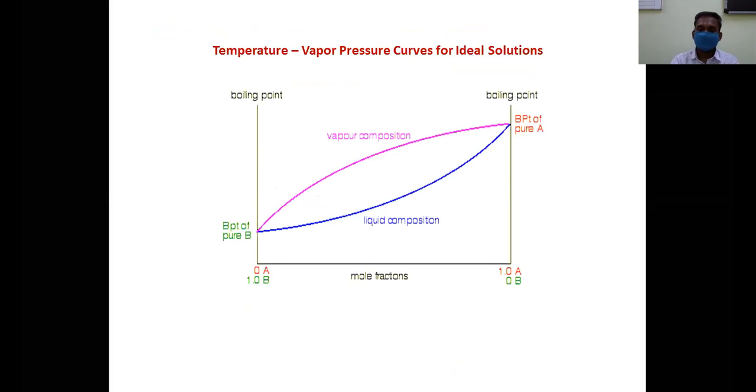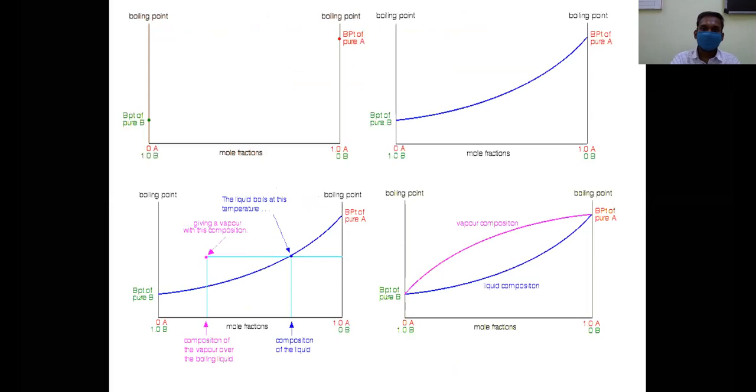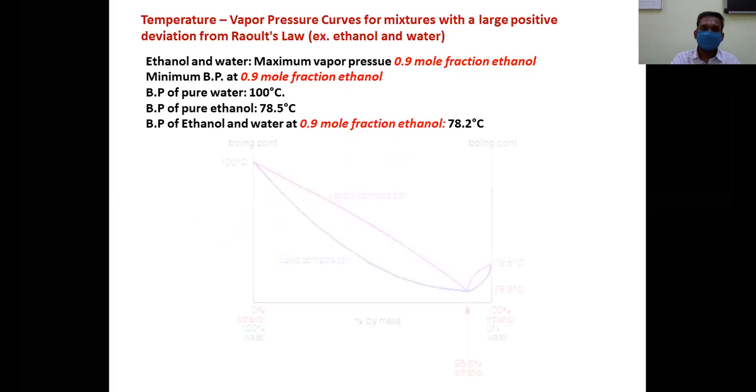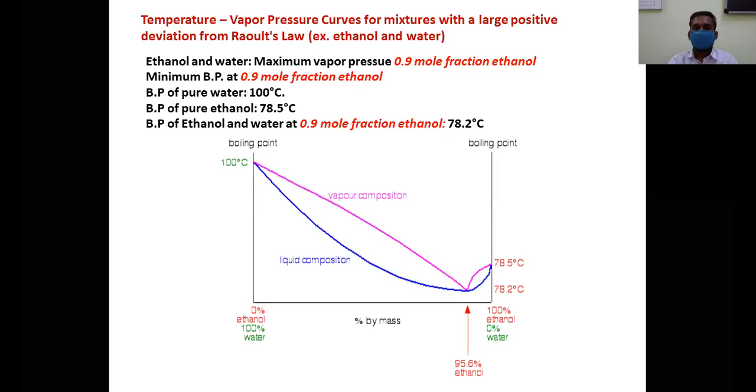Like this. Now compare this with this. Okay, that is a vapor composition, and the boiling point of pure water is shown, 100 degrees. Boiling point of pure ethanol is shown, 78.5 degrees. Now the boiling point of 95.6% ethanol solution is 78.2 degrees.